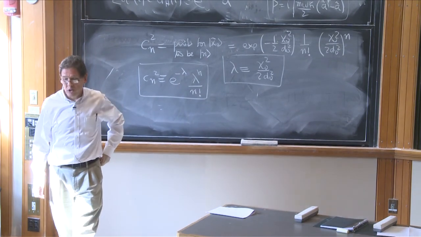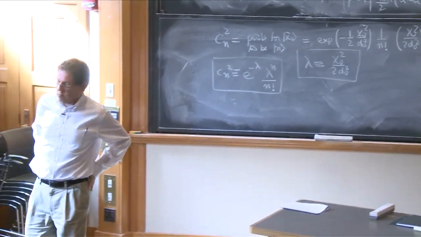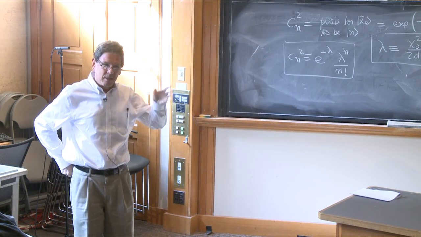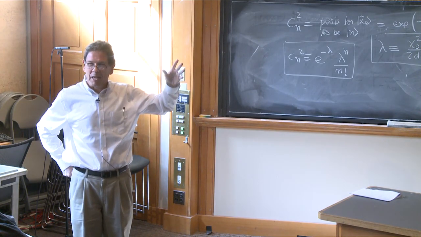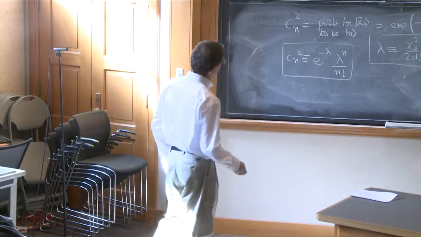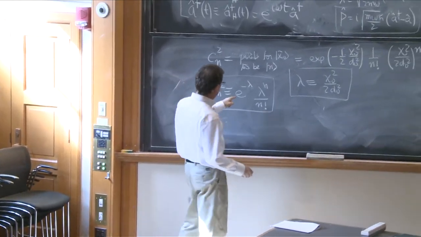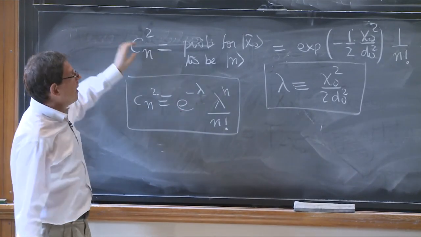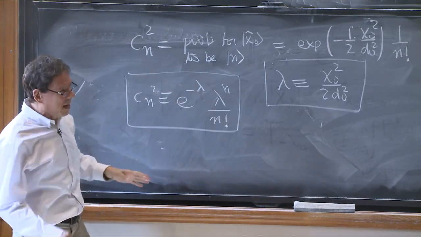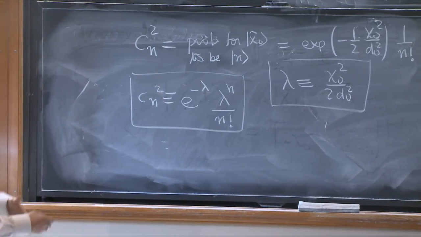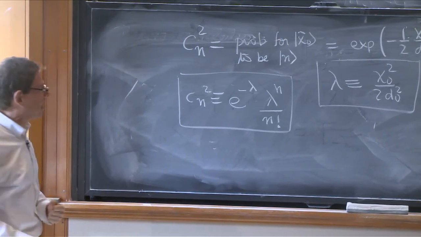I actually don't know very deeply why this is true, and I'm always a little puzzled and uncomfortable at this point in 8.05. So what is really strange about this is that this is the so-called Poisson distribution. So there's something about this energy eigenstate that they're Poisson distributed in a coherent state.